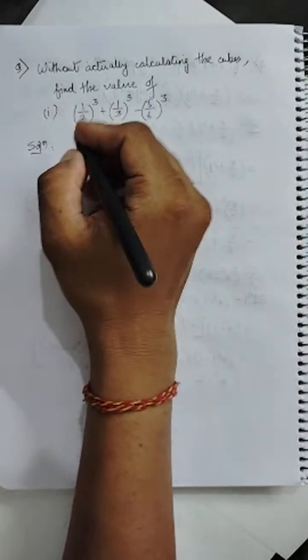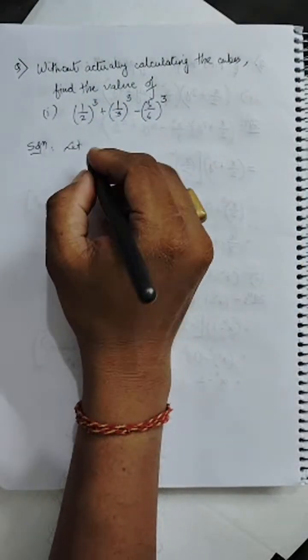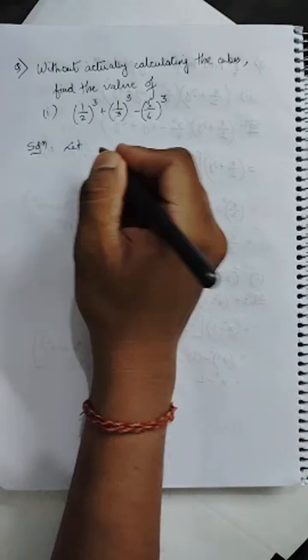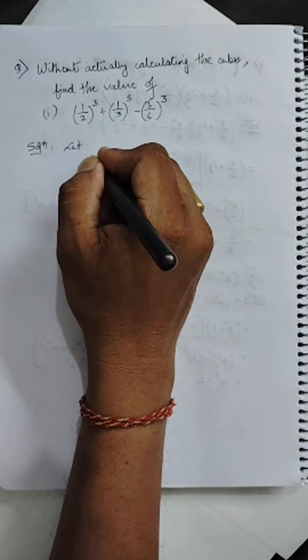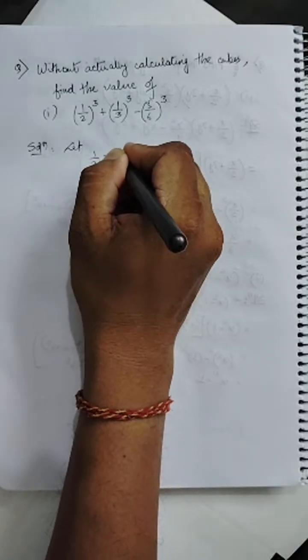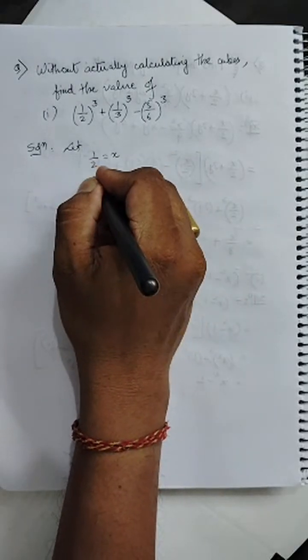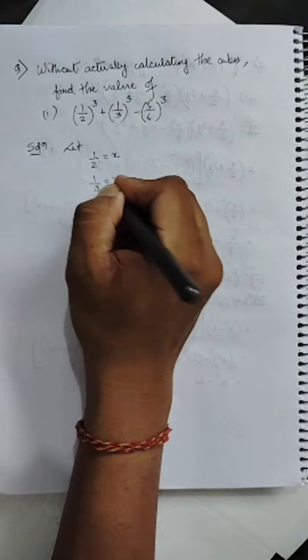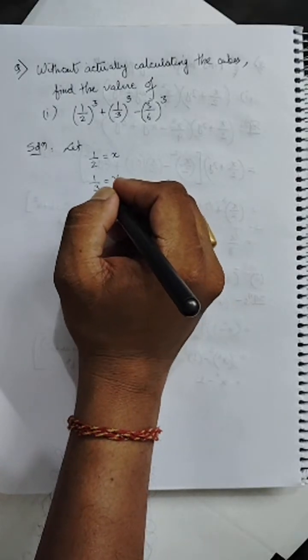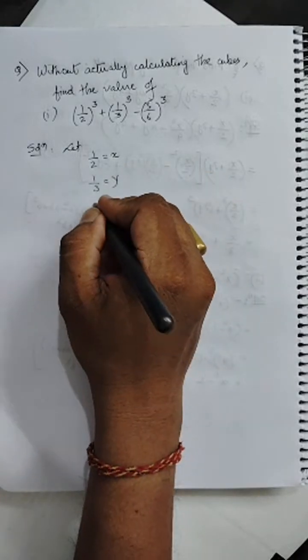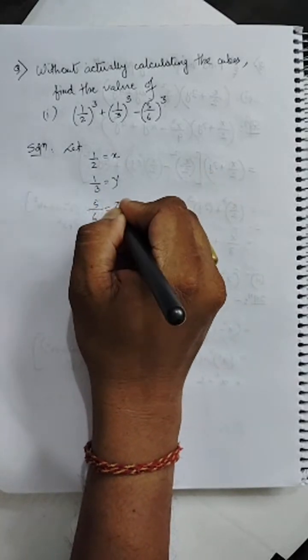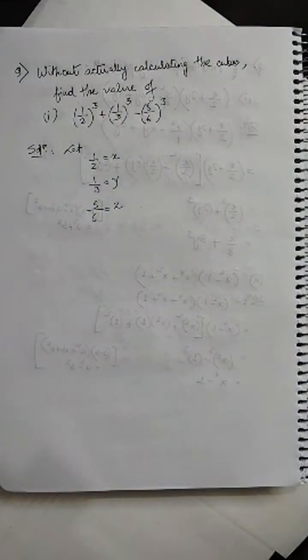Let a, b, c, or x, y, z, or p, q, r, whatever you like. So let 1 by 2 equal x, 1 by 3 equal y, and 5 by 6 equal z.